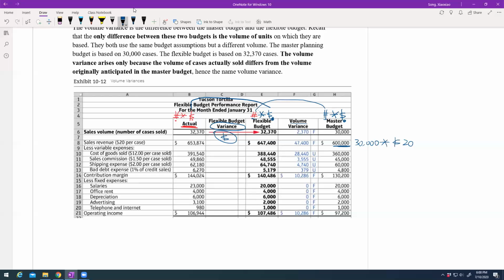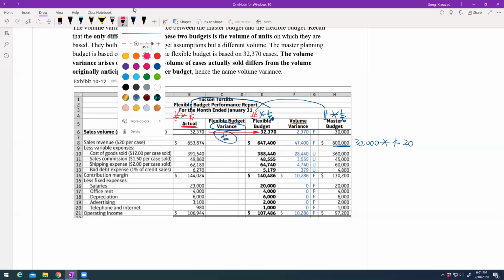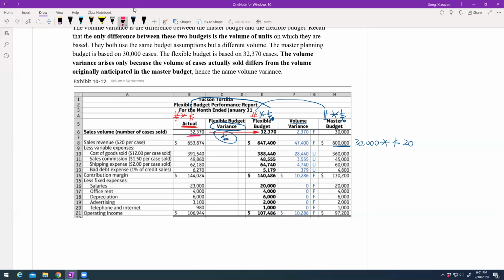How do we get our flexible budget? For the flexible budget, we use the actual units, 32,370, and then we times the budgeted price of $20 each. That is why we get 647,400.